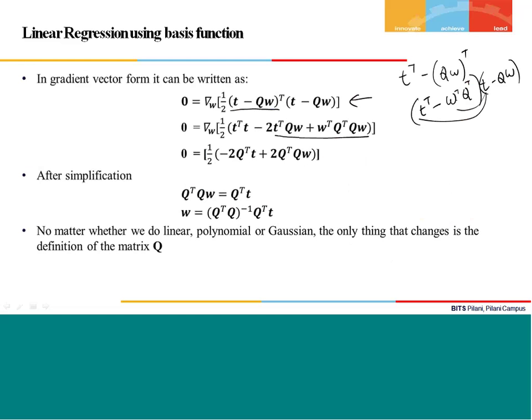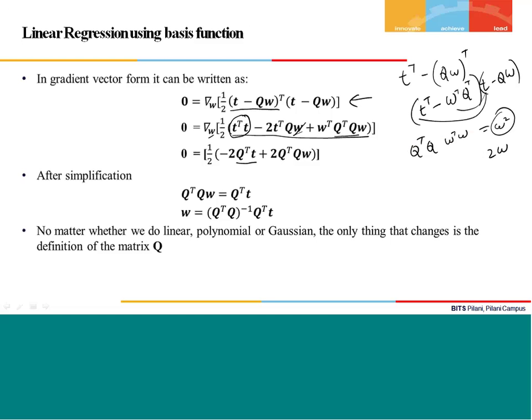And because I am differentiating with respect to W, this is a constant term here. I can ignore it, which means it will become 0. So finally I will get this term. Since I am differentiating with respect to W, it will go away, and this transpose gets converted to Q transpose T. And here this is a constant, it will come out: Q transpose Q, and I am left with W transpose W. So W transpose W, for example, I can represent like W square in its simple form.